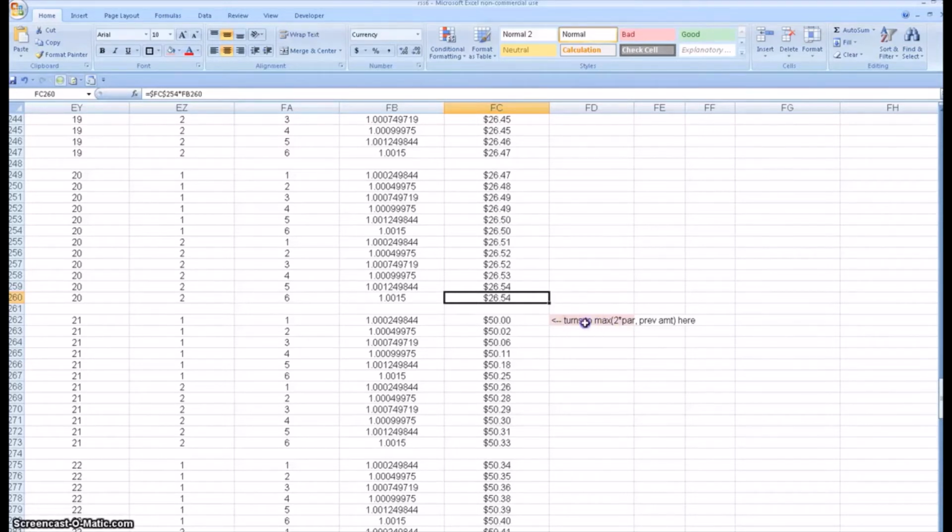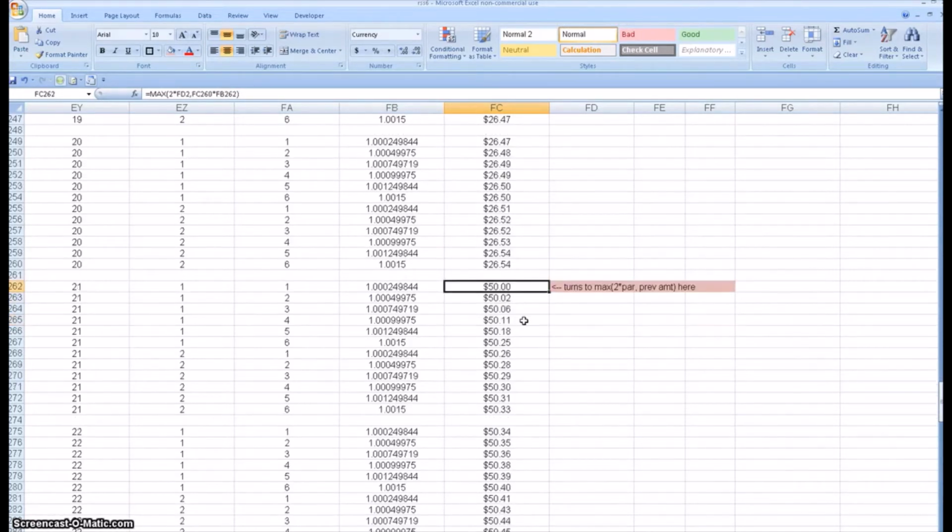That's why here this value turns into the maximum of 2 times the par, which is the face value, or this previous amount. Whatever's the maximum is what starts off the 21st year. Since $50 is larger than this $26.54, we start out with $50.